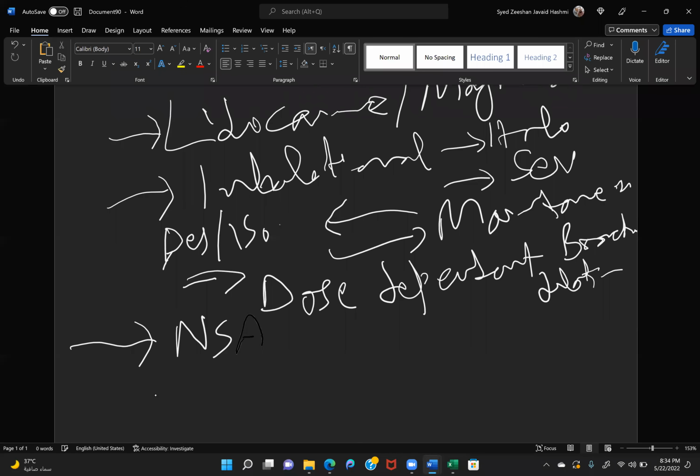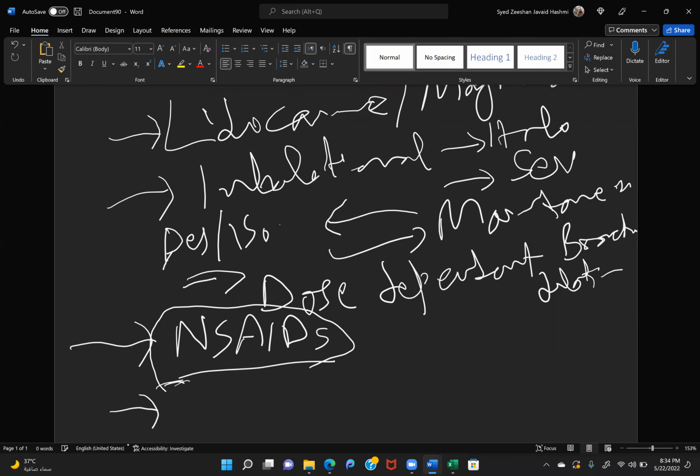Not all asthmatic patients, but 10 to 15% have reactive airway due to the use of non-steroidal anti-inflammatory drugs.